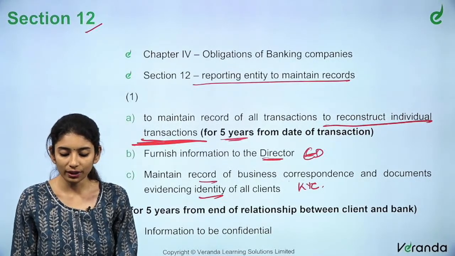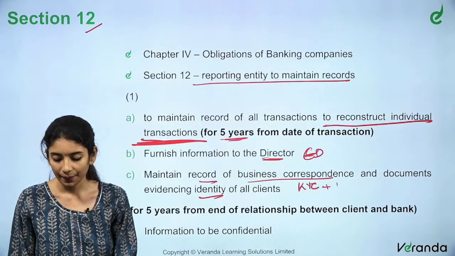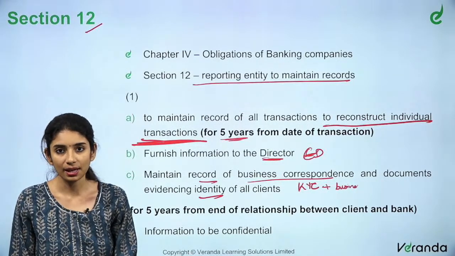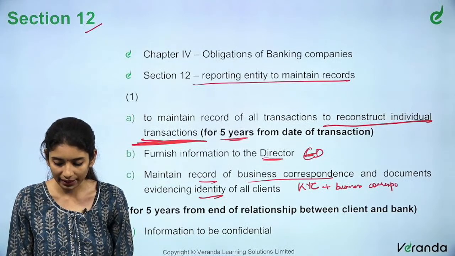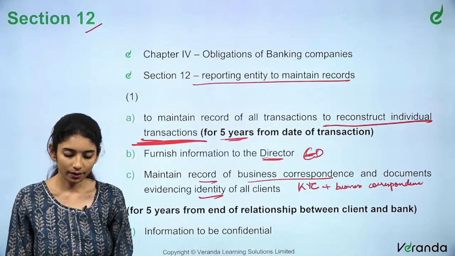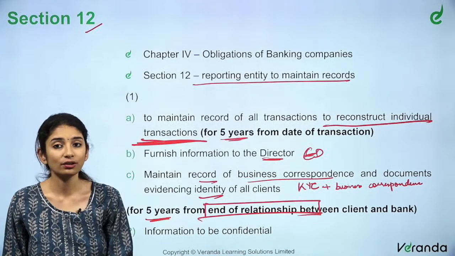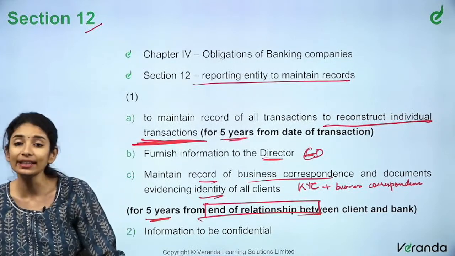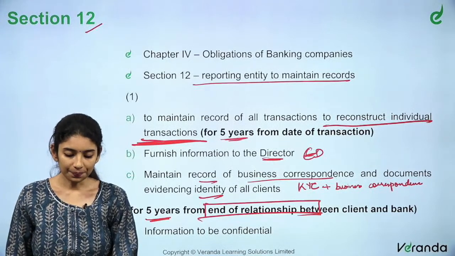Maintain record of even correspondence and even KYC documents, KYC plus. So it could be some letter of credit, some letter asking the bank for something, business correspondence of the clients. For 5 years from end of relationship, not from the date of transaction, from the end of relationship between the client and the bank. Clear?